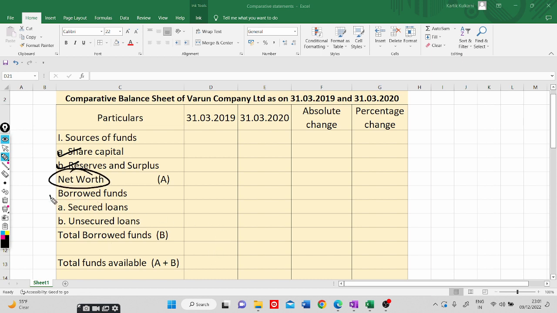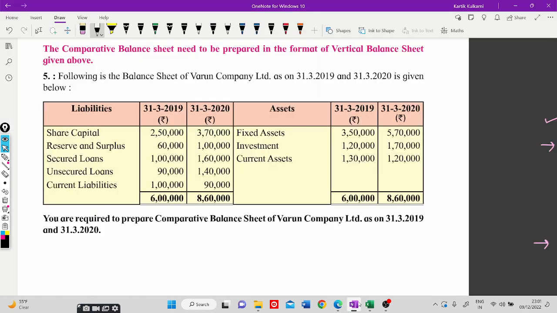Below that we would be writing borrowed fund. Examples of borrowed fund are debentures, bank loans, or secured and unsecured loans. So these both will come under borrowed fund.